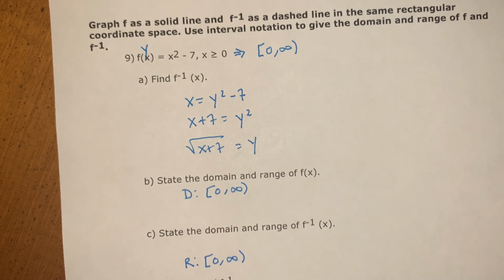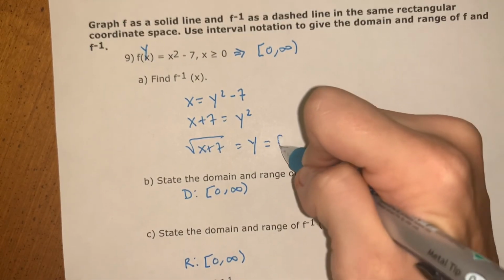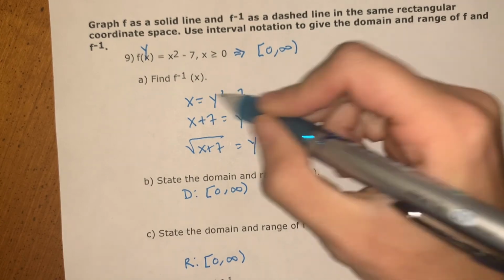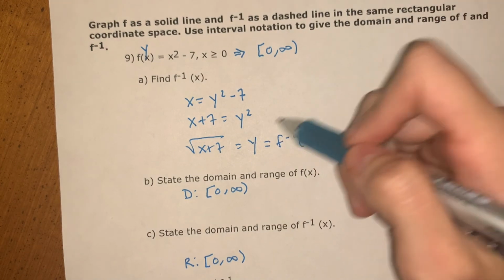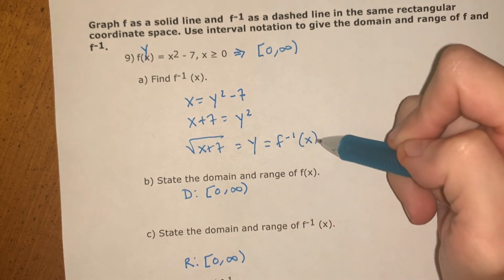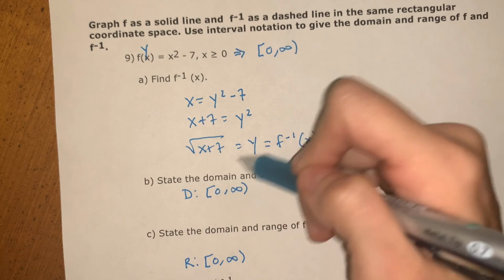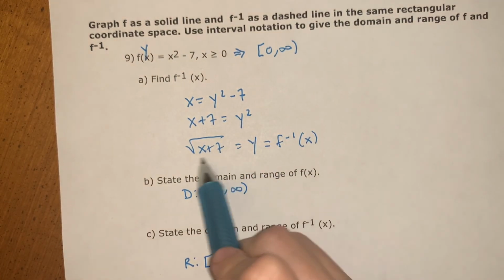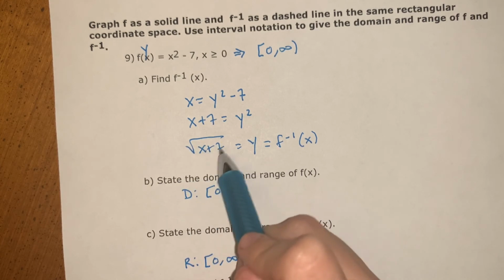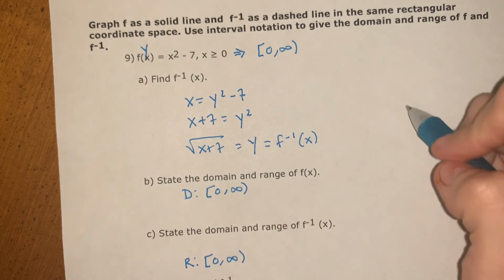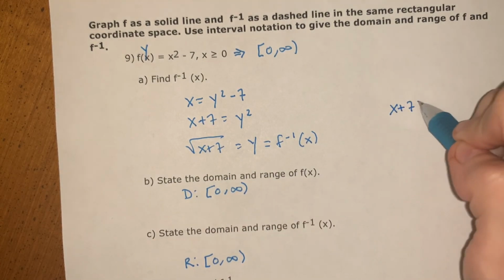Now what's left to do is figure out the domain of our inverse function. So this is our inverse function, right? After we do this swapping and solving for y, we rename y f inverse. So we need to figure out the domain here. And remember, we're dealing with a square root function. So I taught you in class to figure out the domain of a square root function, you're going to take the quantity inside and set up this inequality.